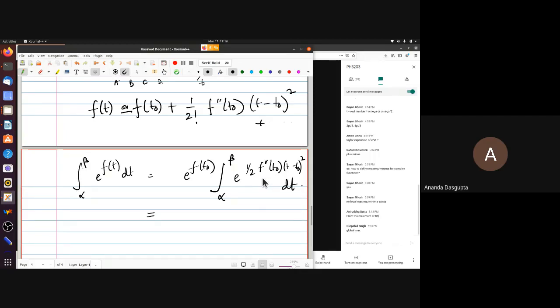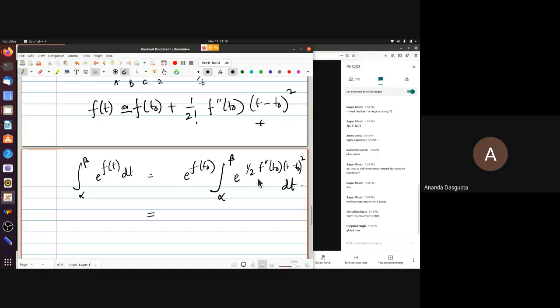Positive, negative, what? I'm assuming it's taking time for you to type out because otherwise everybody should know the answer, right?